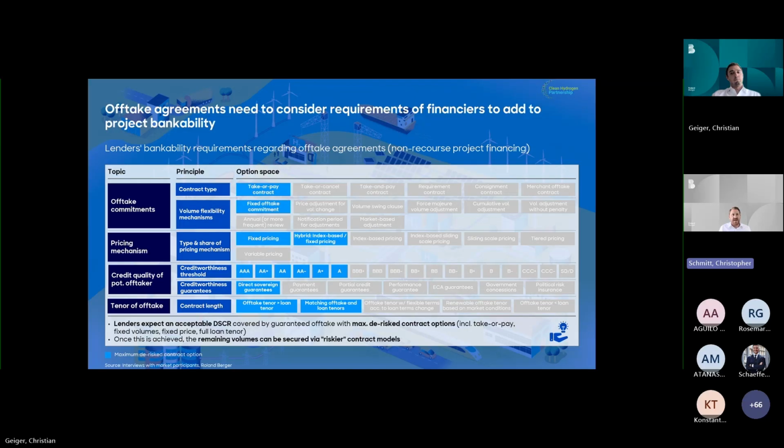Of course, everything I've said now is very textbook, very ideal, typical configuration of such a contract. The reality in practice looks a bit different because the bank cares about, as I said, getting their loan repaid.